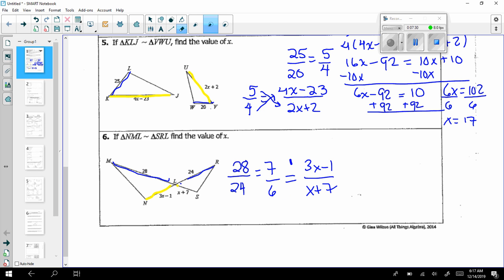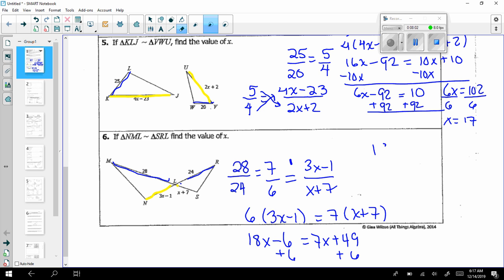So I have 6 times 3x minus 1 is equal to 7 times x plus 7. So I've got 18x, sorry, 18x minus 6 equals 7x plus 49. And I add 6.